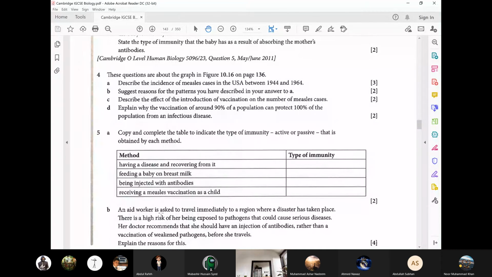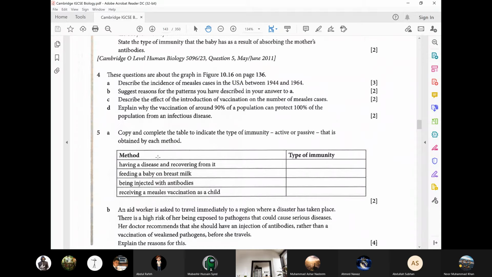Next one. Explain why the vaccination of around 90% of our population can protect 100% of the population from an infectious disease. We just discussed this, boys: when most of the population, like 90%, is vaccinated, they will have antibodies and memory cells in them.